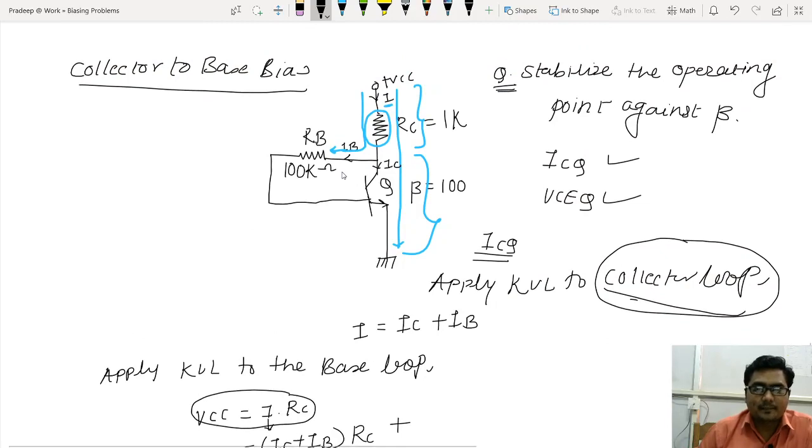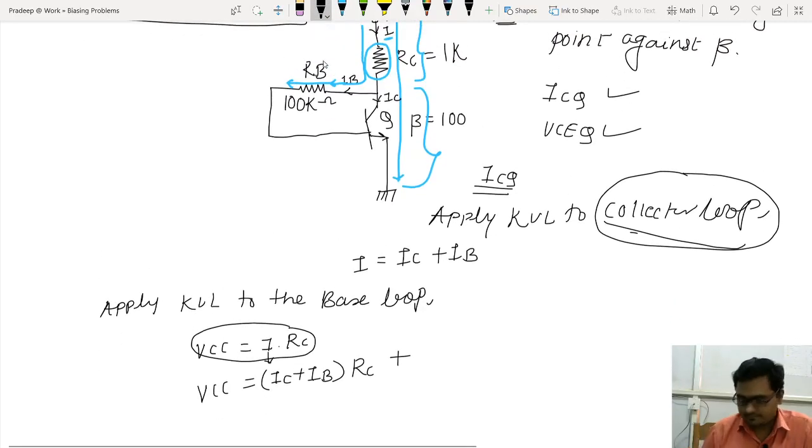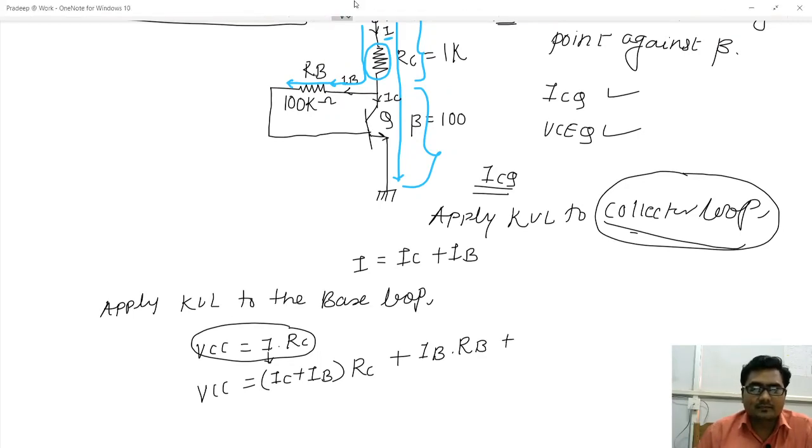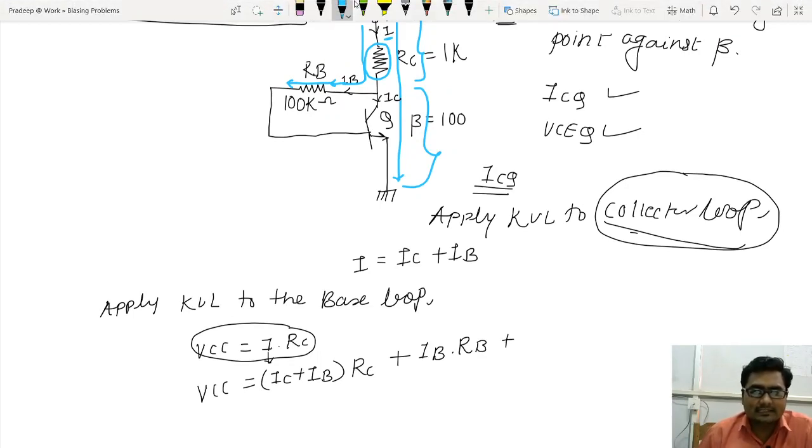Plus, now there is another resistor. The current flowing through it is IB, and the resistor is RB. So IB multiplied by RB. Plus, check where the current is proceeding.